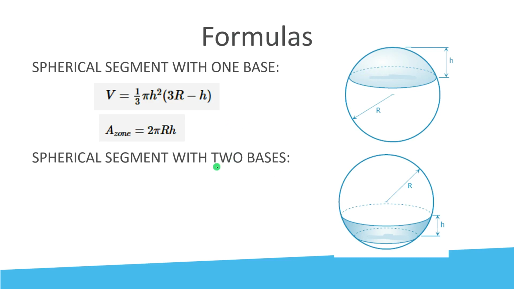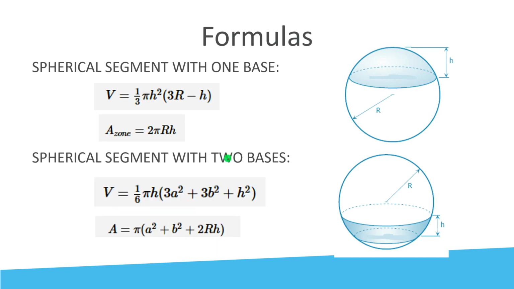For a spherical segment with two bases, we have a volume of 1/6 pi h times (3a squared plus 3b squared plus h squared). For the lateral area or the surface area, we have pi times (a squared plus b squared plus 2rh).